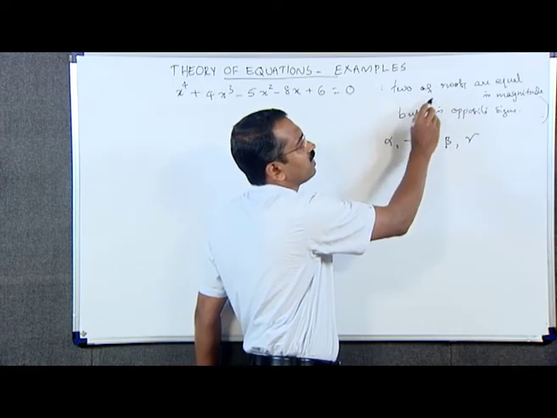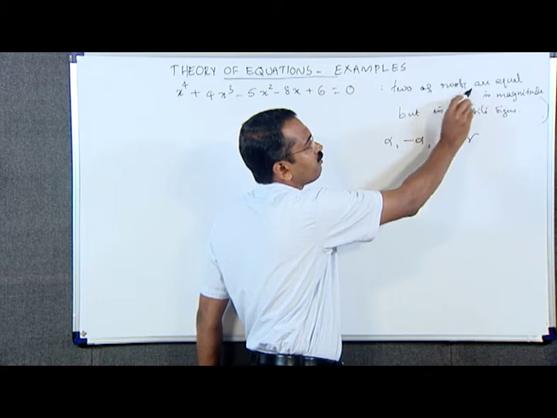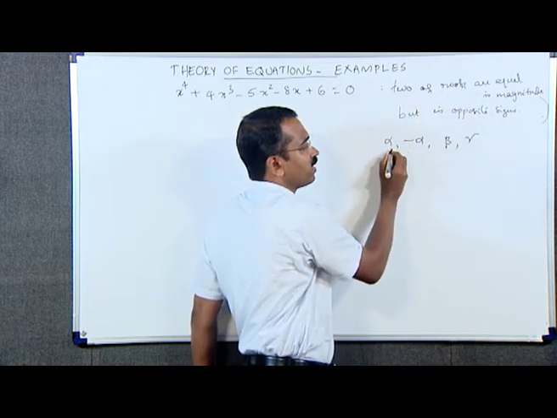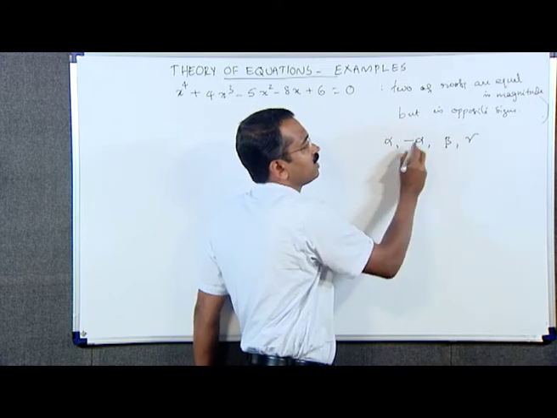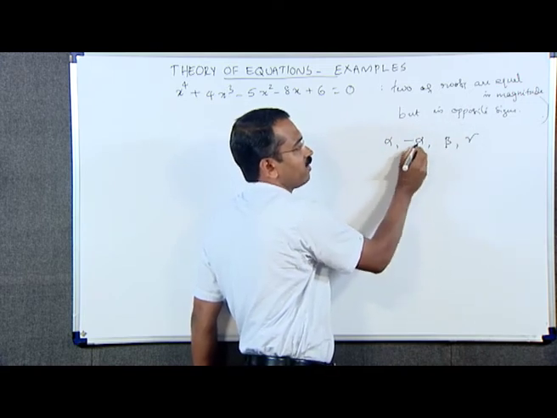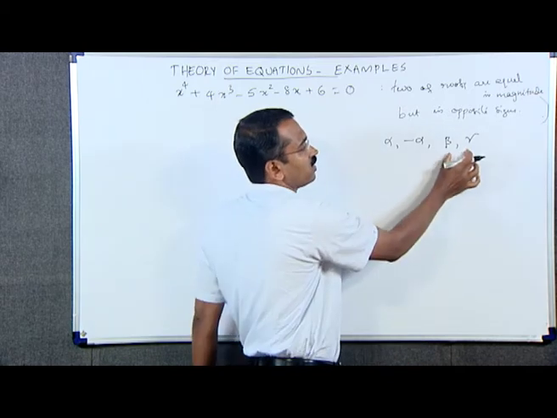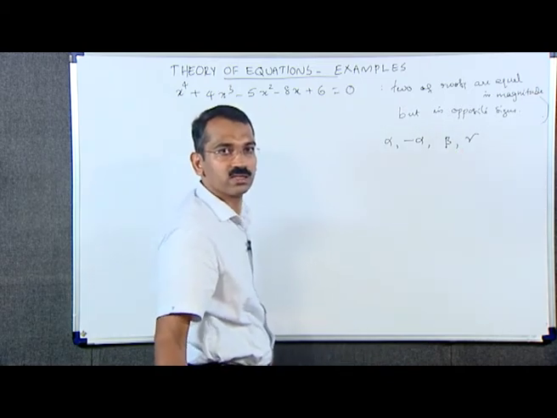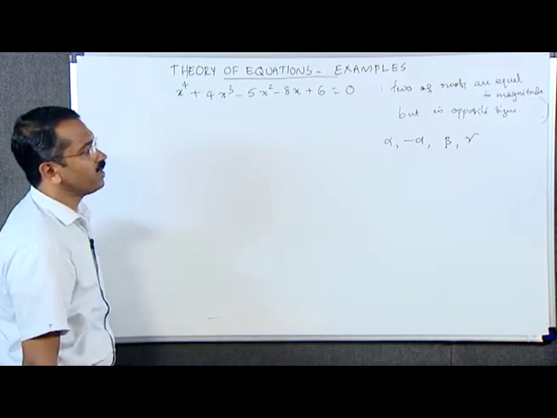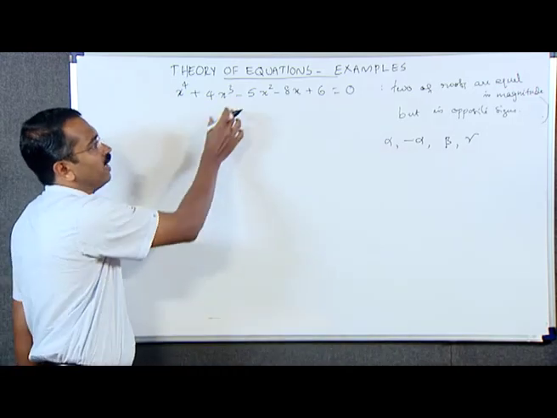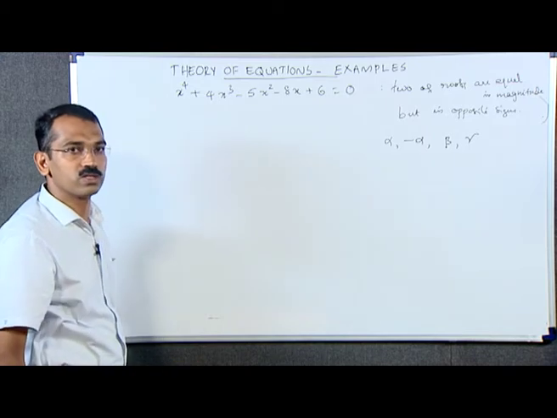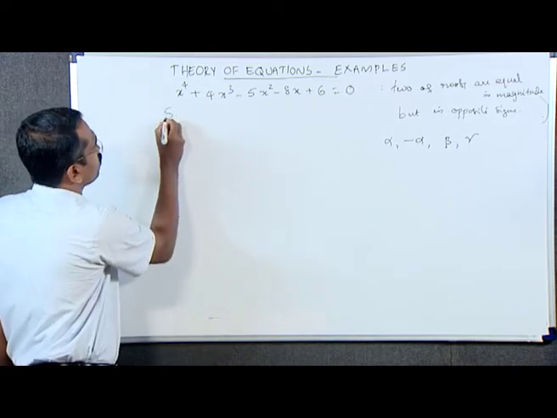Because the given condition is that 2 of the roots are equal in magnitude but in opposite signs, we take alpha and minus alpha as the 2 roots, and the other 2 are beta and gamma. From the relation between the roots and coefficients of the equation, we can write S1.